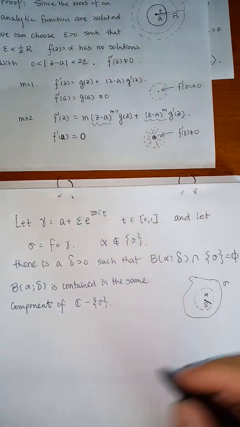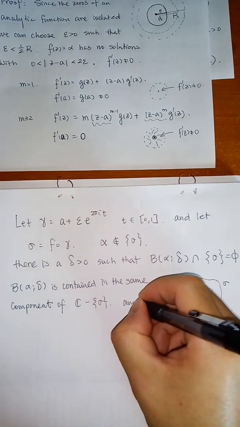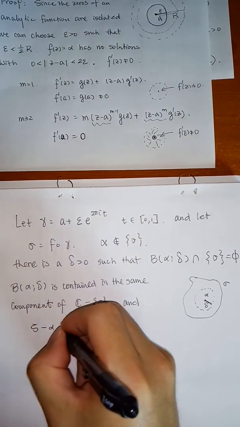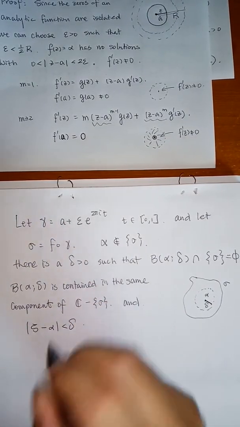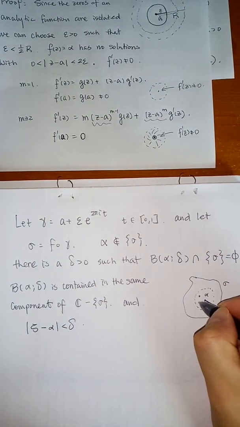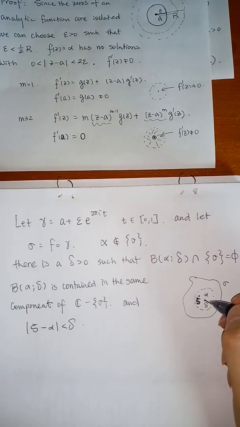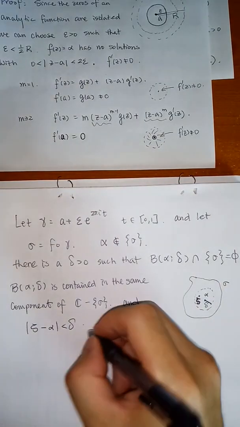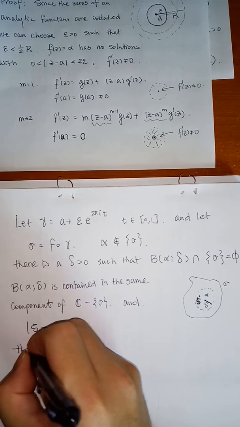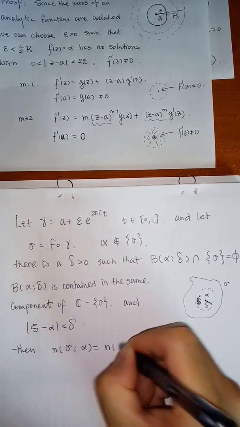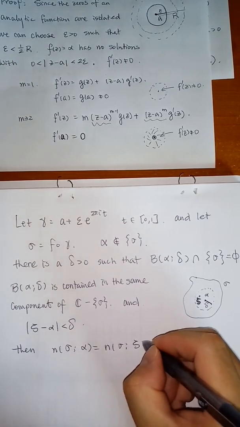Okay, and if you have cosine minus alpha less than delta, if you have an eta, sorry, this is eta. If you have an eta inside this open disk, then the winding number of sigma with respect to alpha is equal to the winding number of sigma with respect to eta.